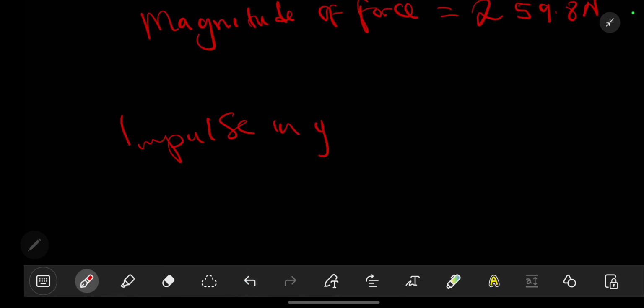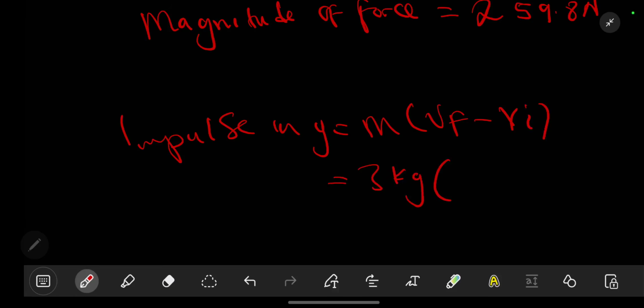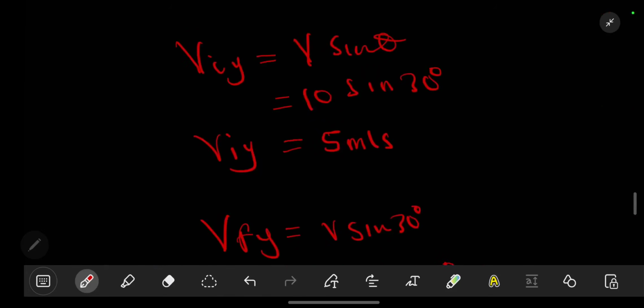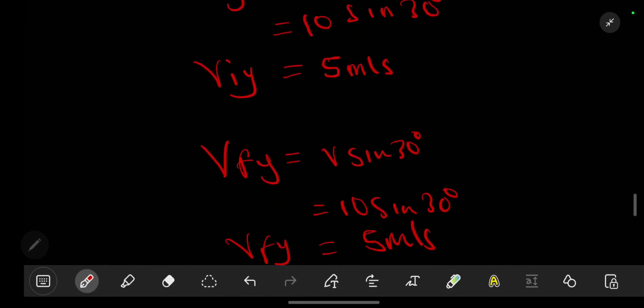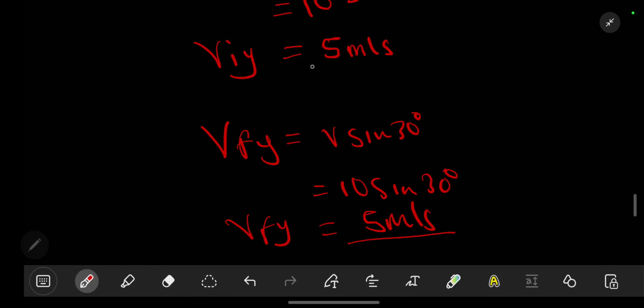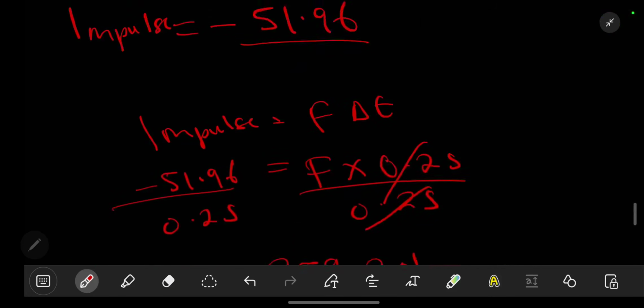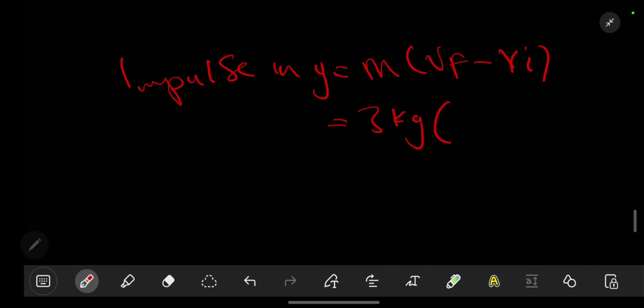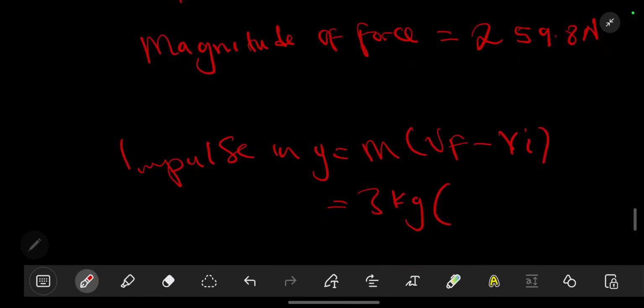Impulse in y will be equal to the mass, open brackets, v final minus v initial. Now remember, the mass is 3 kg. The initial velocity, or the final velocity, is 5. Where is it? It's here, 5. Both of them have got the same sign, therefore no change in momentum unless the angle changes or the speed changes.